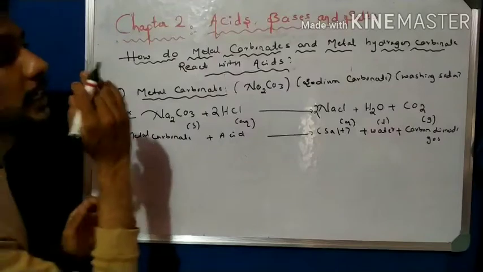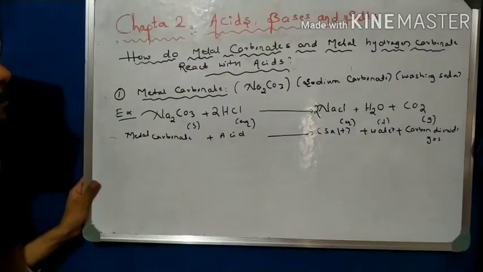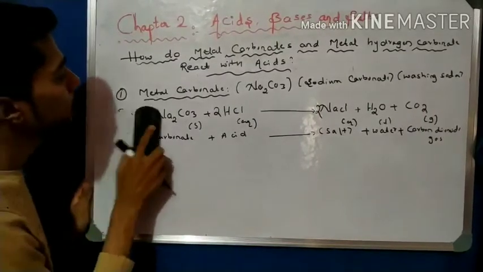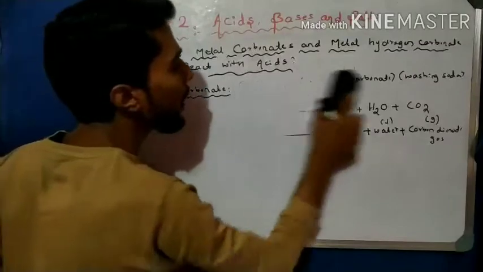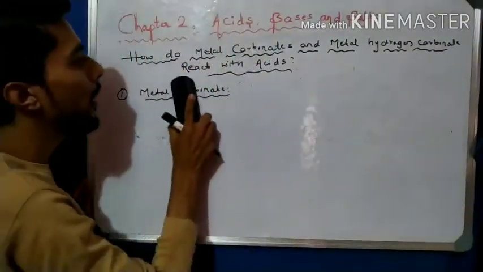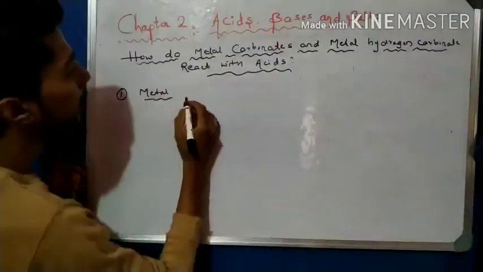Then next I come to the next concept, that is metal hydrogen carbonate. So please write down this. It is finished. Now I erase it. In the place of metal carbonate, I now take another concept, that is metal hydrogen carbonate with acids.